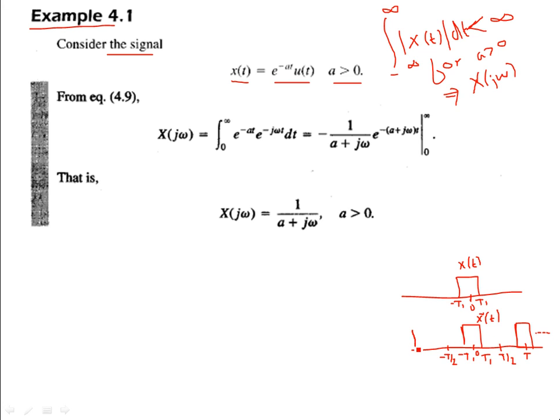So it's a periodic signal. x tilde(t) is a periodic version of x(t), basically. That's what it says.